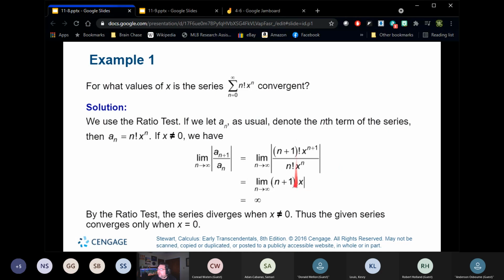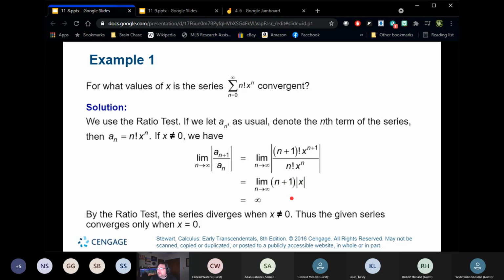So we can cancel out the two n factorials. And x to the n plus 1 is the same thing as x to the n times x, so we can cancel out the two x to the n's. What we're left with is n plus 1 times the absolute value of x. Or n plus 1, sorry.